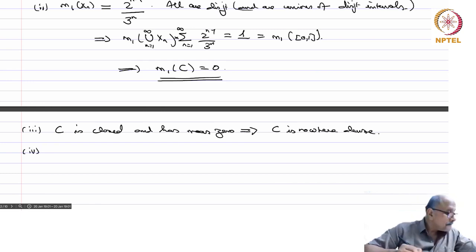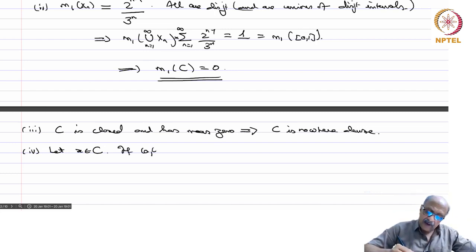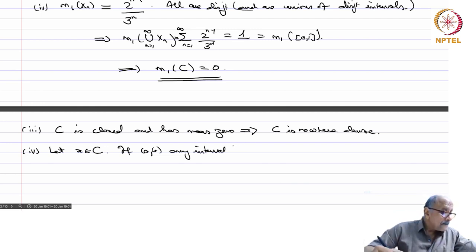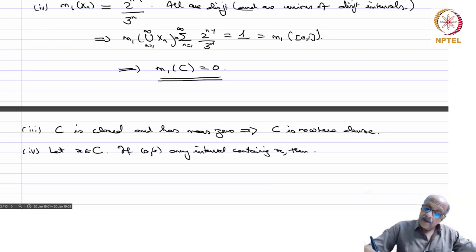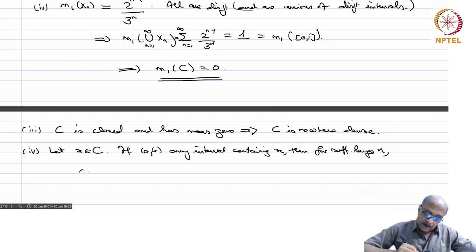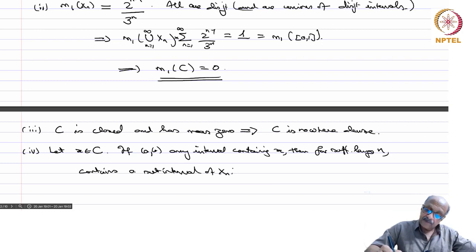Four. Let x belong to C. So if (a, b) is any interval containing x, then for sufficiently large n it contains a subinterval of xn, because those are of length 1/3 to the power n.